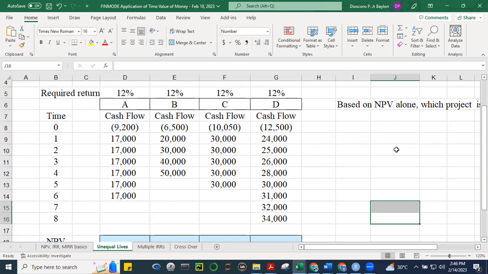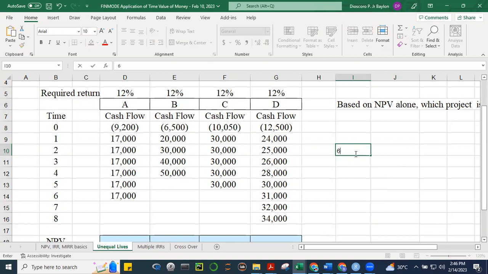And then this is like an equipment replacement problem. So we have 6, and then 4, and then 5, and then 8.